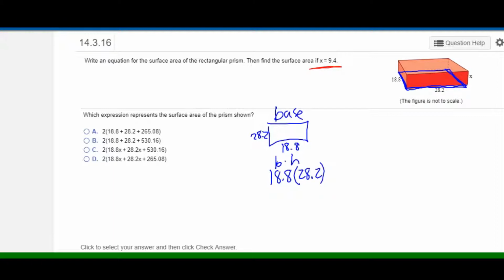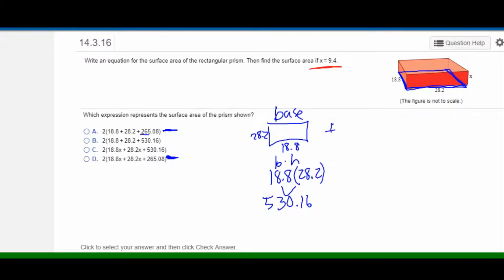Once you multiply that, you'll end up with 530 and 1600 units squared. So I can already eliminate this one, and I can eliminate this one, because this is not the area of the base.